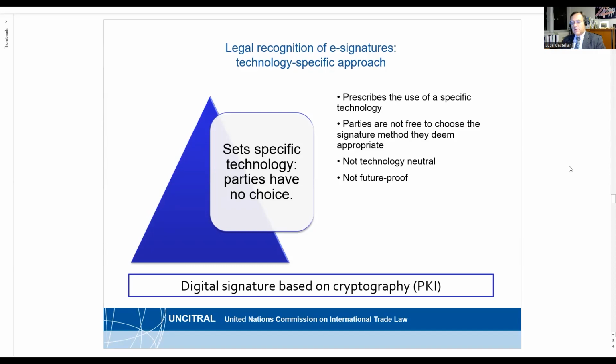Of course, this creates problems. It's not technology neutral, it's not future-proof, it does not help interoperability, and in itself, it is not recommended, and it has not given good proof of itself. It was not conducive to digital trade.